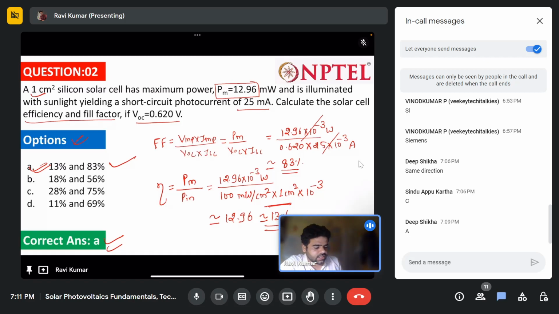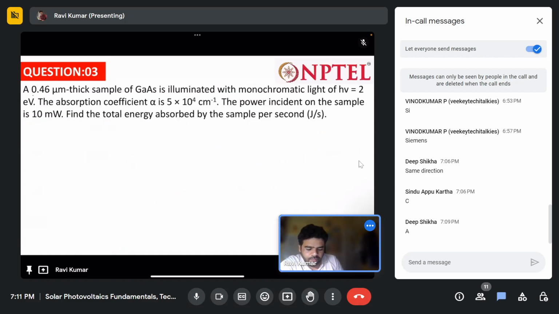Now let's move to the next question, which says a 0.46 micrometer thick sample of gallium arsenide is illuminated with monochromatic light of h nu having 2 electron volt.